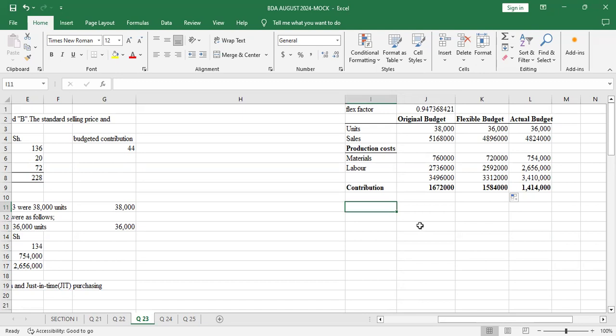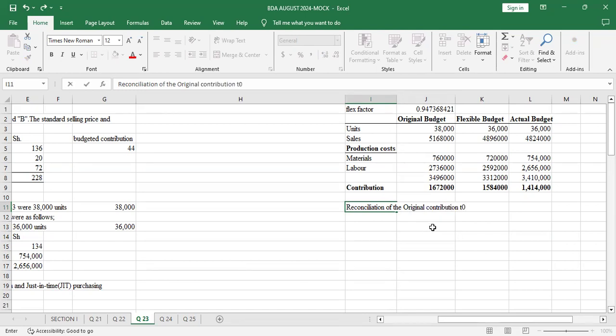So you'll say reconciliation of the original contribution to actual contribution.